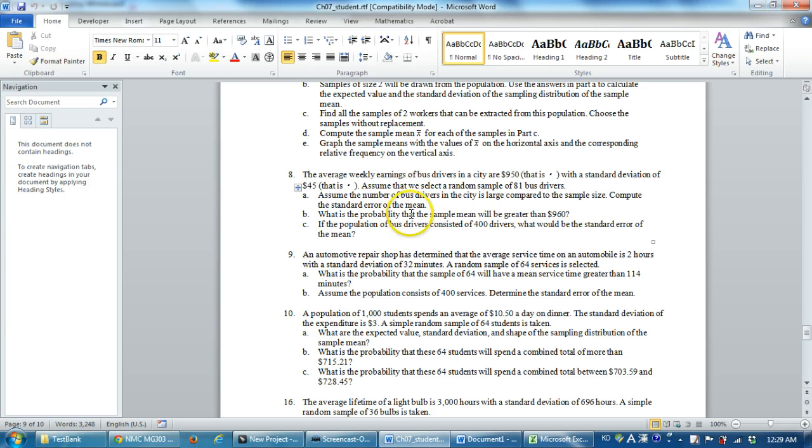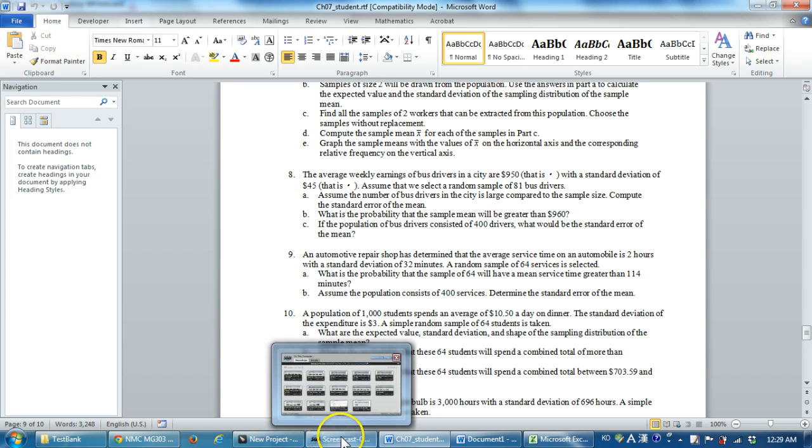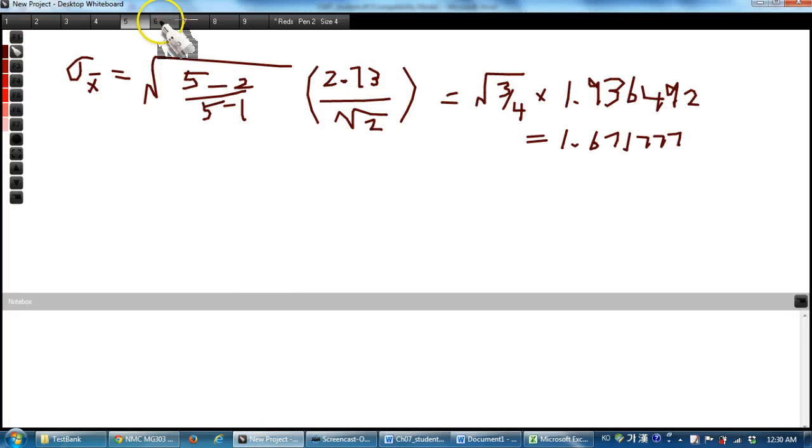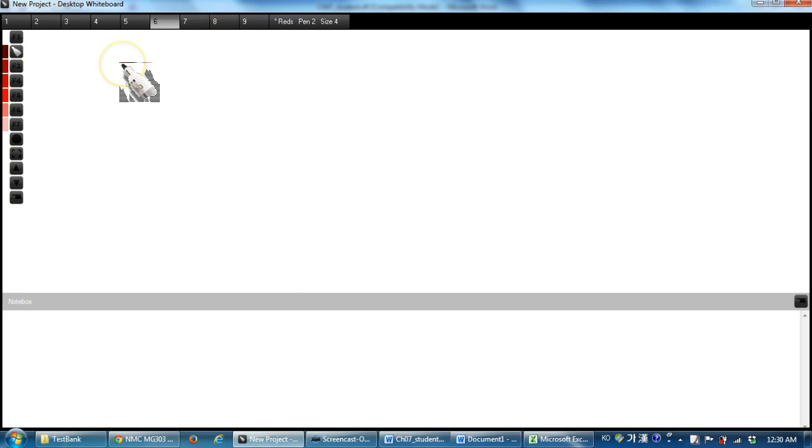In this case, the answer A. Let's take a look at here. And the answer A is expected value. In this case, compute the standard error of the mean, that is 5.